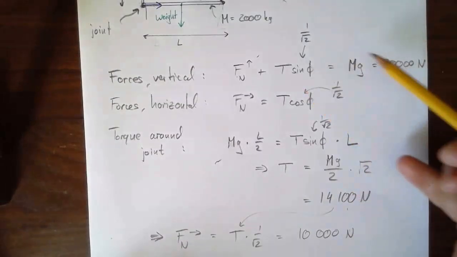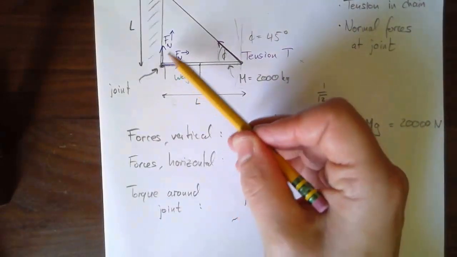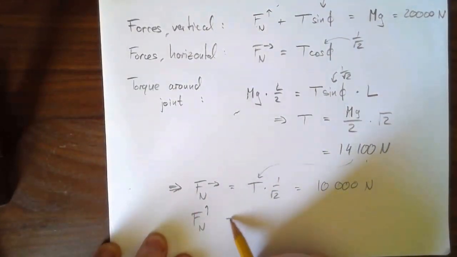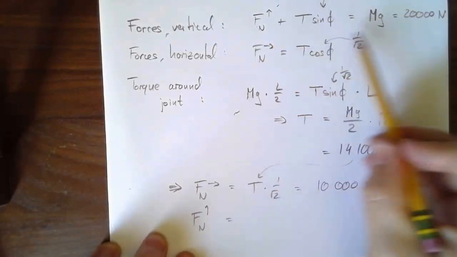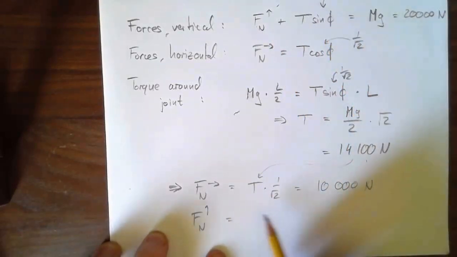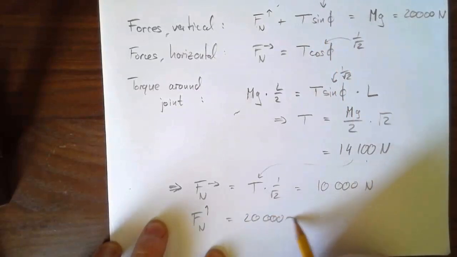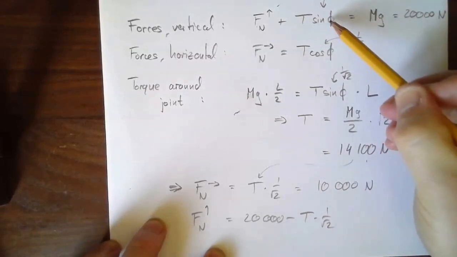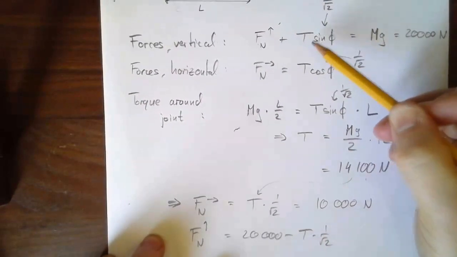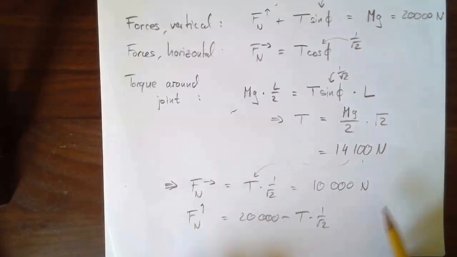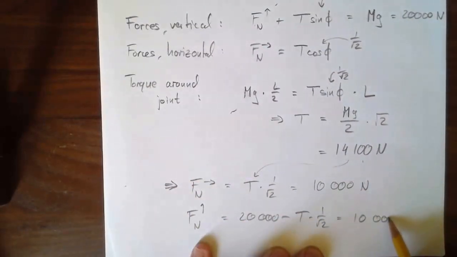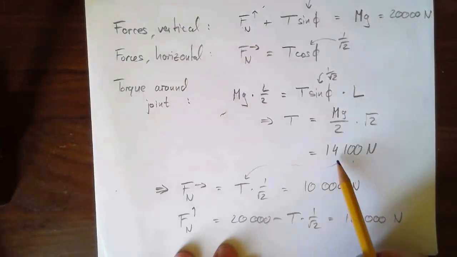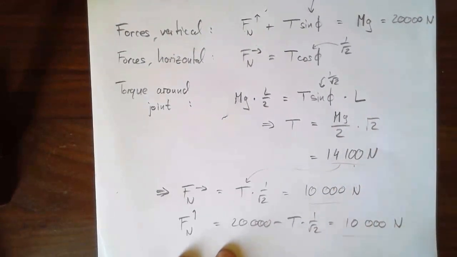And what about the vertical support force here, the vertical normal force, Fn up? Well, according to my math up here, it's equal to 20,000 minus T sine phi, T times 1 over root 2. So again, 20,000 minus 10,000 is also 10,000. Coincidence? Perhaps to do with the even geometry, right? But here are our answers, 1, 2, 3.